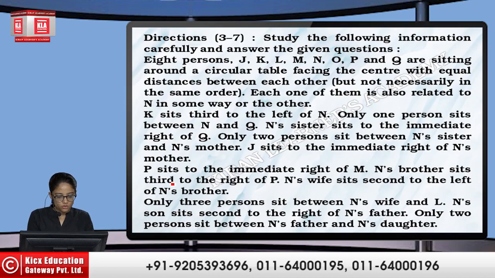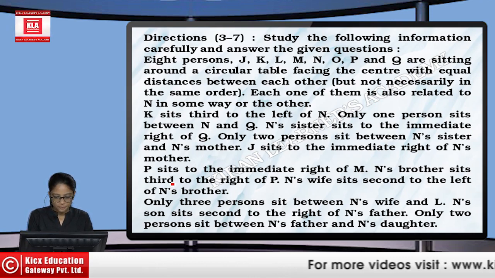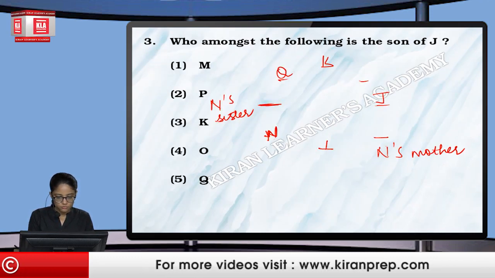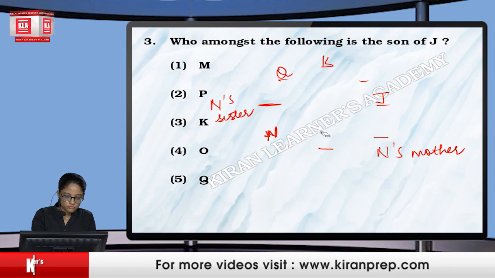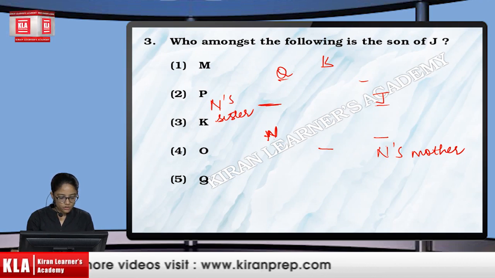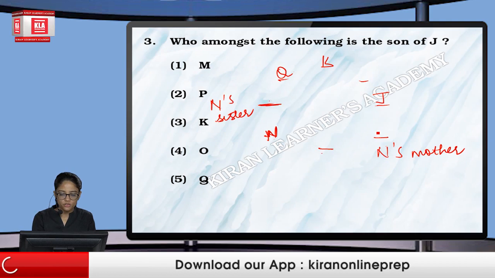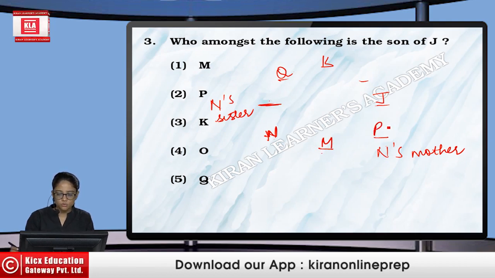P sits to the immediate right of M. We have to set P in the immediate right of M. So we can say that we have only two places left. So M will be over here and P will be this one.